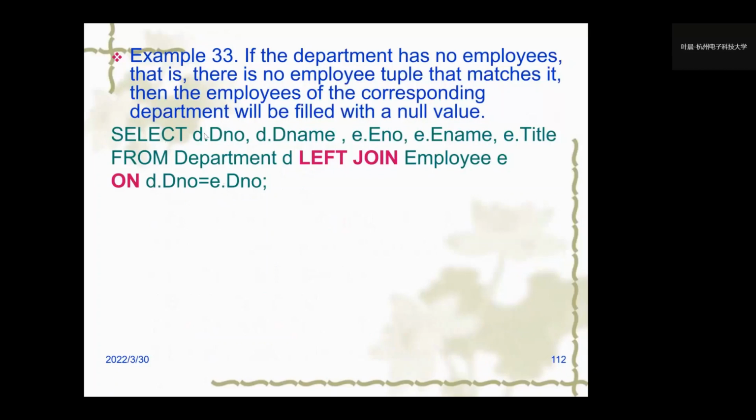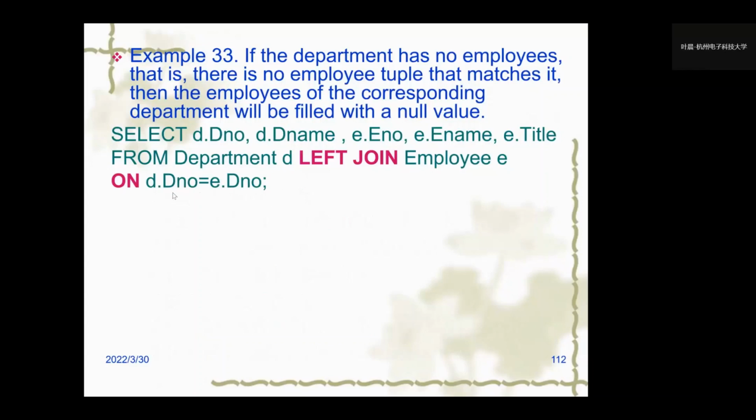That is: select dno, dname, and eno, ename, etitle, which are columns from two tables, department and employee. And we can use the left join to join these two tables.